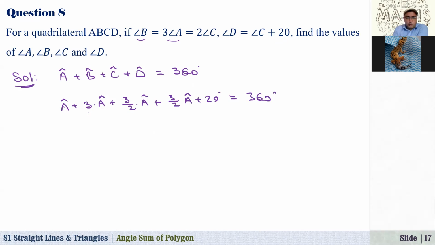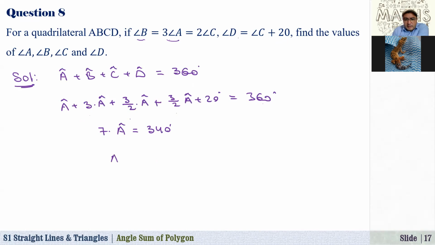Now 1 plus 3 is 4, 1.5 plus 1.5 is 3, 4 plus 3 is 7 times angle A. On the right-hand side, we have 340 degrees.